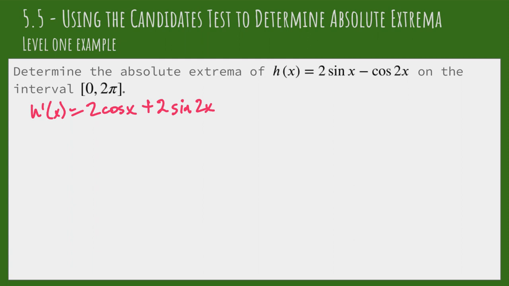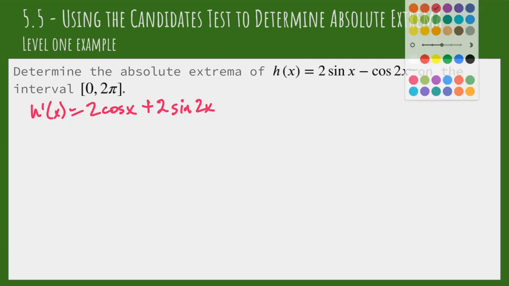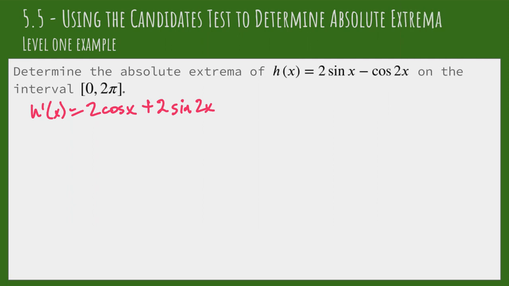Now this one's going to be a little bit tricky because we need to set this equal to 0. So I'm going to use an identity that you have seen before but probably don't have memorized, and that's okay. And that's the double angle identity for sine of 2x.